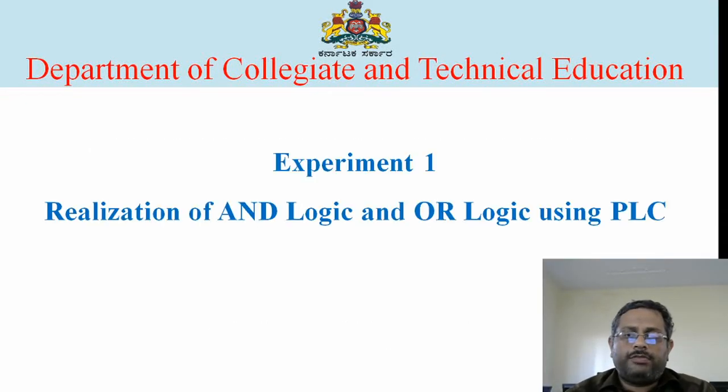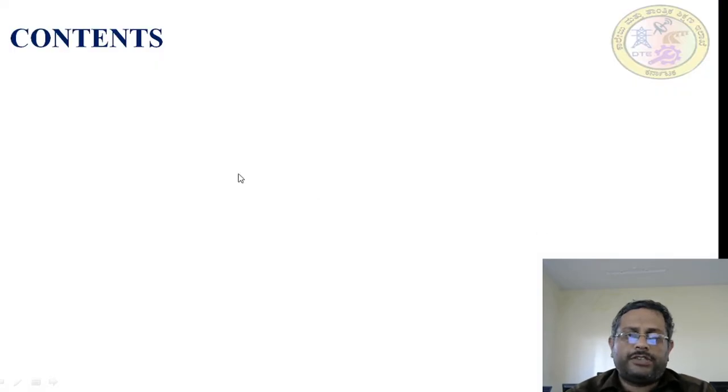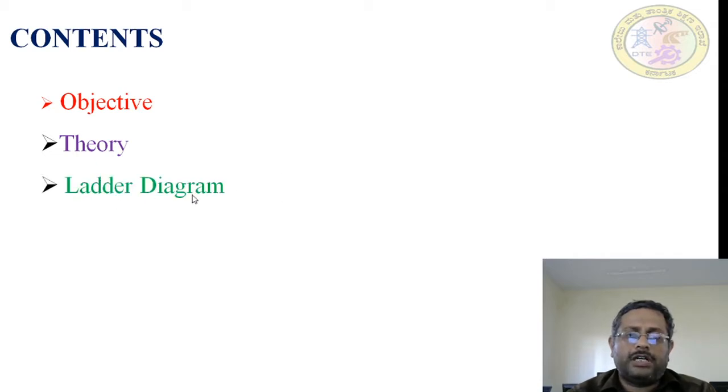Today we'll perform experiment number 1, that is realization of AND logic and OR logic using PLC. This experiment goes like this. First we will see the objective of this experiment, then the theory behind AND and OR logic and how to implement it, and then the ladder diagram to represent AND and OR logic.